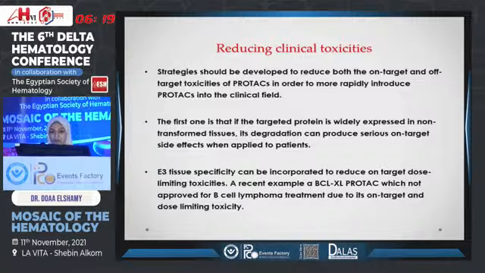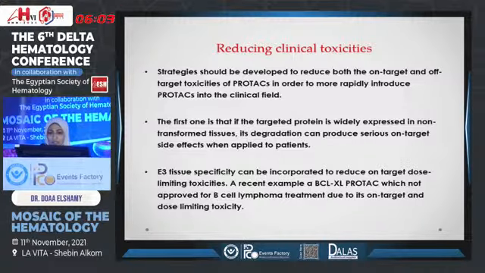The first is that if the targeted protein is widely expressed in non-transformed tissue, its degradation can produce serious on-target side effects when applied to the patient. Also, E3 tissue specificity can be incorporated to reduce on-target dose-limiting toxicity.